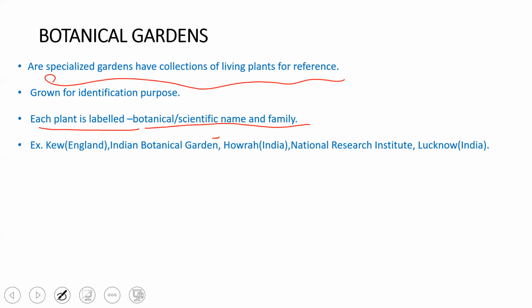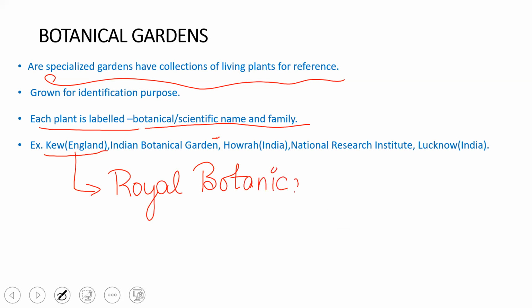Some important botanical gardens have to be remembered, like Kew Botanical Garden, which is the largest botanical garden. Kew Botanical Garden is called the Royal Botanical Garden, which is situated in Kew. Kew is a place in England, London.